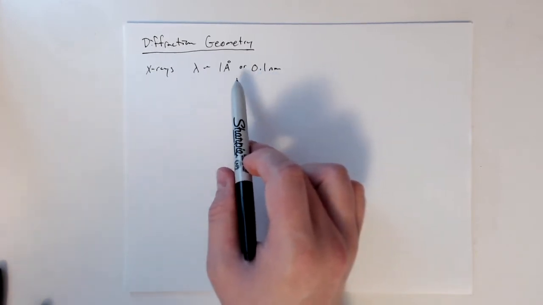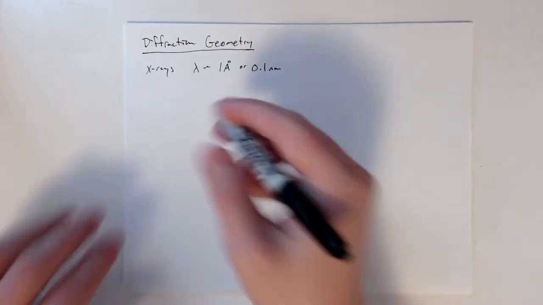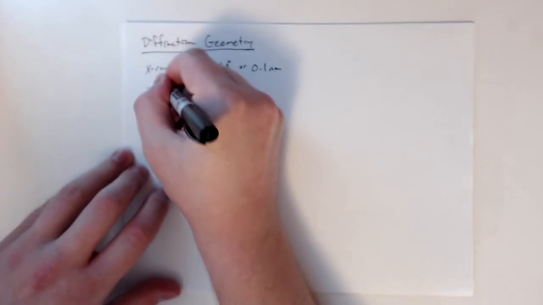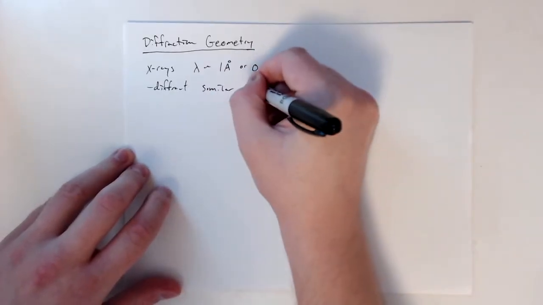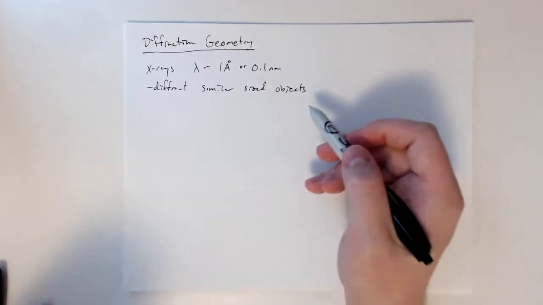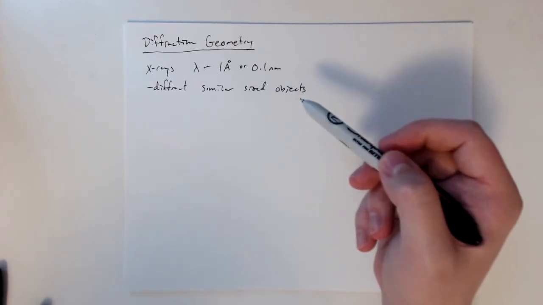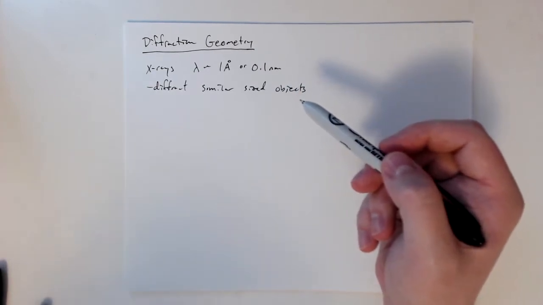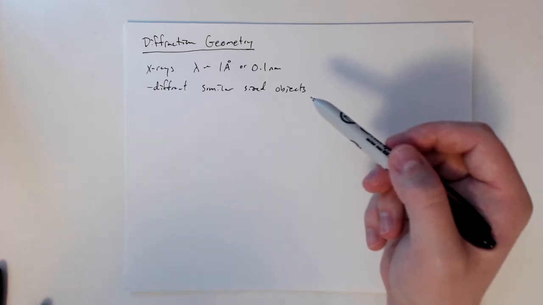It just so happens that since X-rays are on the order of 1 angstrom, they diffract similar sized objects, right? So things on the order of 1 angstrom are diffracted. This should ring a bell from the laser and sieve demo earlier on.